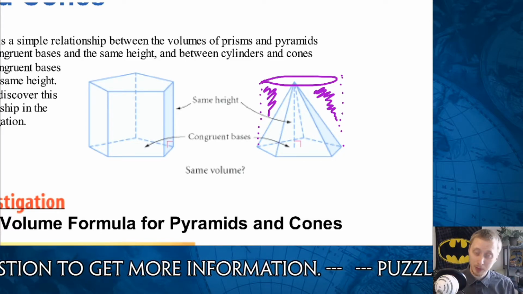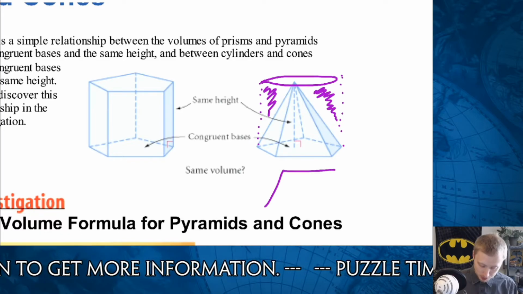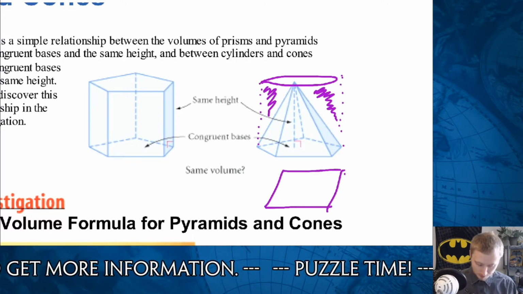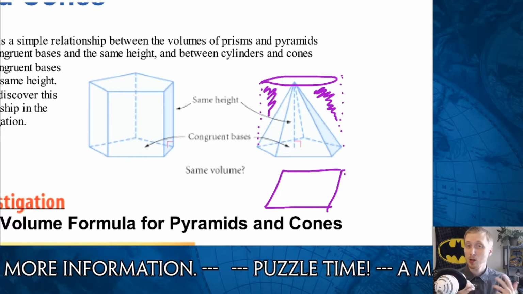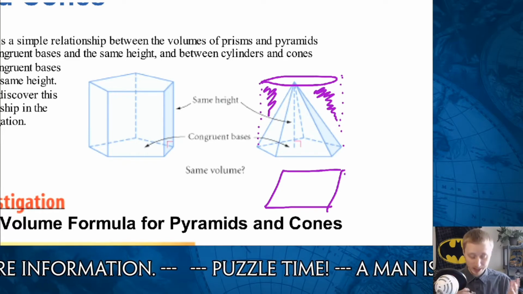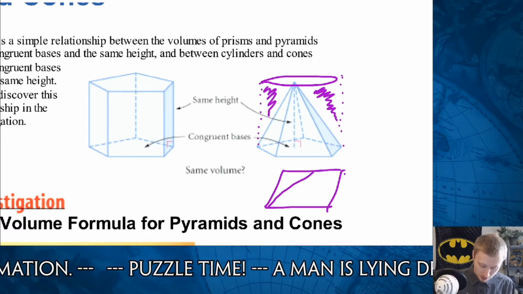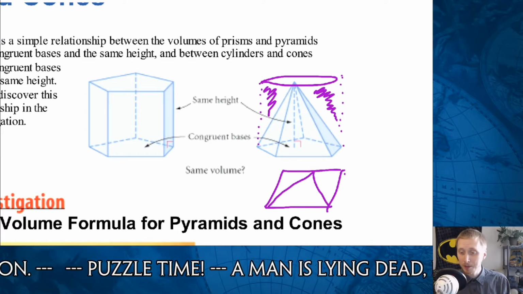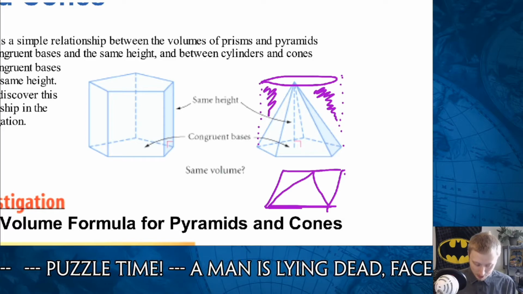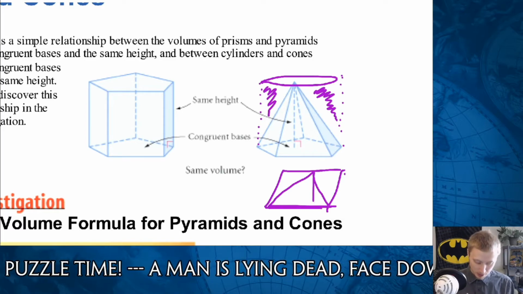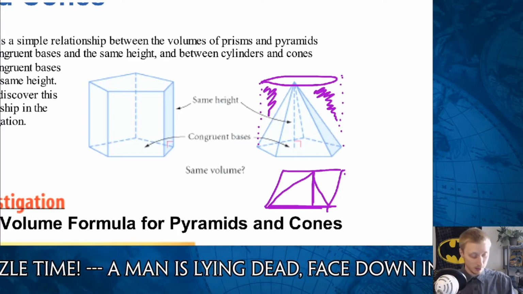Okay? Remember your area problems. If we had a parallelogram, rectangle, doesn't matter, and we want to divide that down into a triangle, the triangle has the same base length, the same height there.